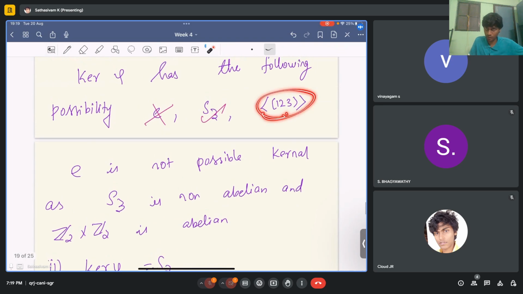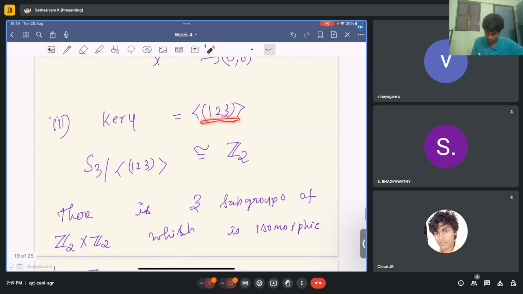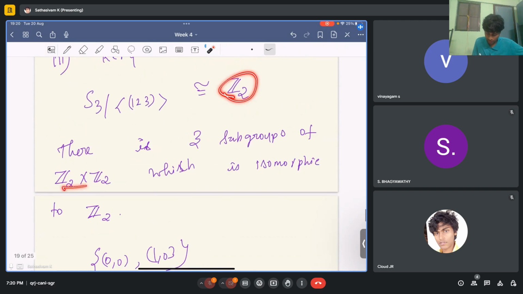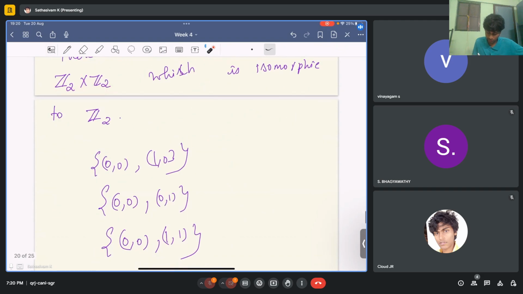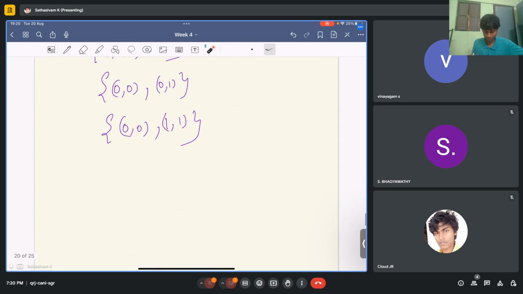So let's assume this is the kernel and see what will happen. If this is the kernel, then S3 by this is isomorphic to Z2. And now you see whether I can put this inside Z2 cross Z2. But here you can see there are three possible subgroups which are isomorphic to Z2. So these three possible subgroups give you three homomorphisms.